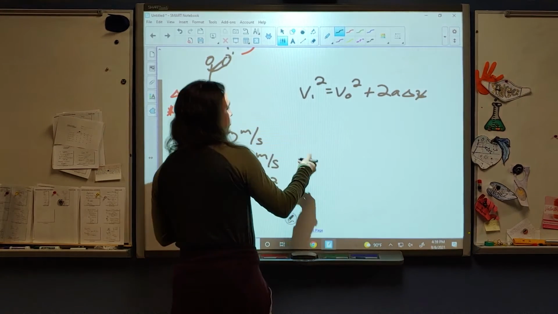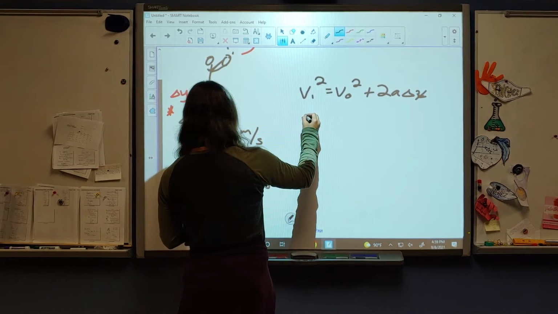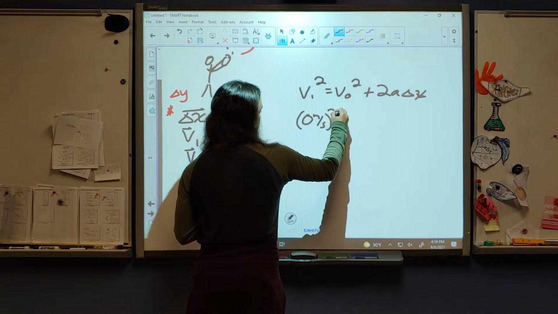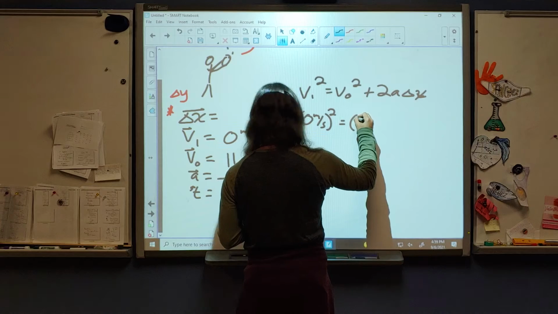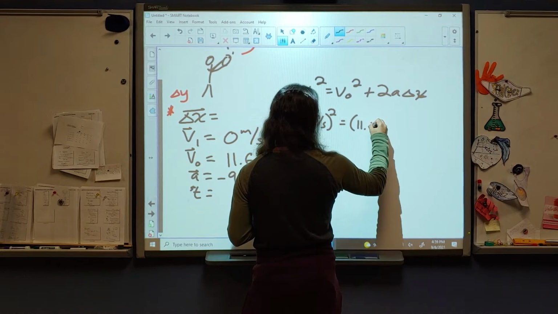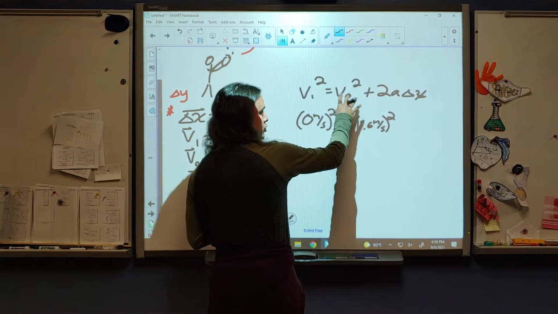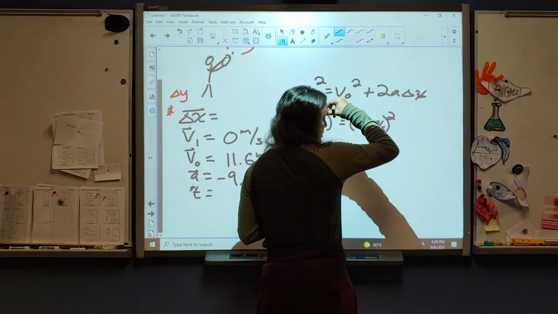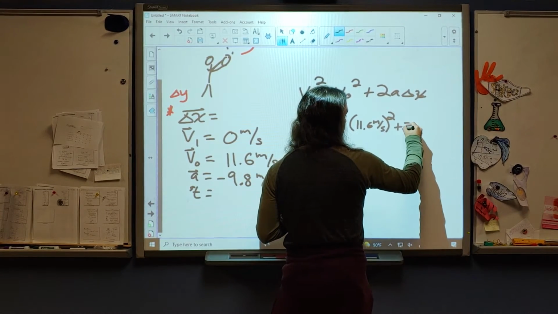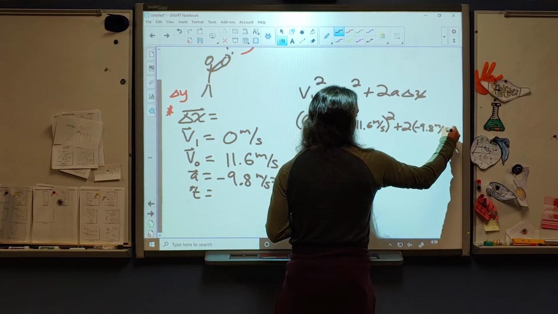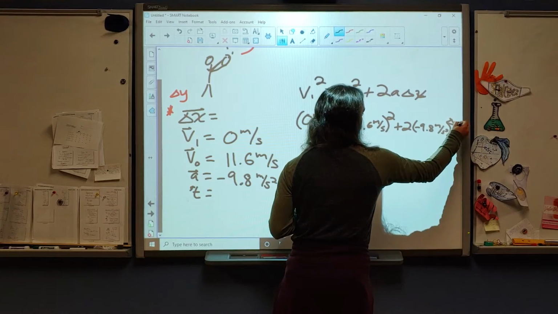All right, our v final is 0 meters per second, quantity squared, equals our initial, which is 11.6 meters per second, quantity squared. So I'm squaring the velocity, the whole thing, units and all, plus 2 times negative 9.8 meters per second squared times delta x.